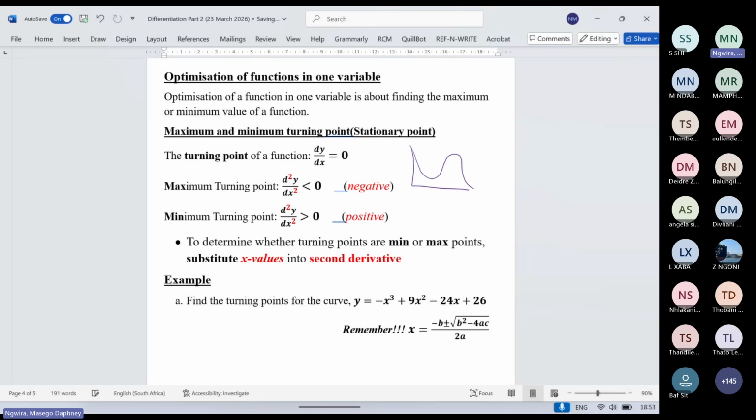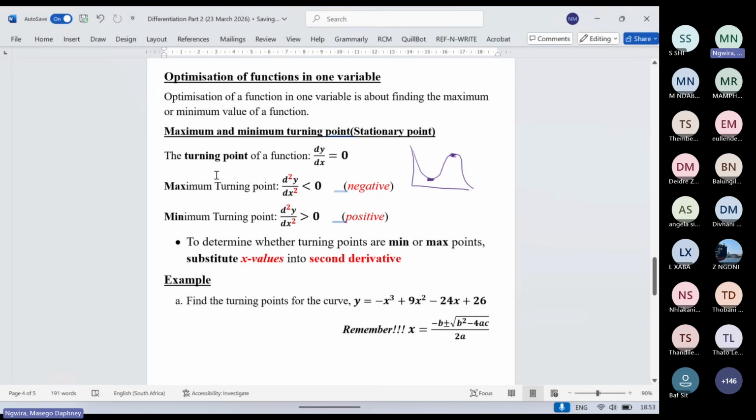So this one is your minimum turning point. This one is your maximum turning point. The turning point, they also call a stationary point. If you did pure maths, you'll understand that this is what we call a cubic graph. A cubic graph has two turning points, the minimum and the maximum, and these are the stationary points.